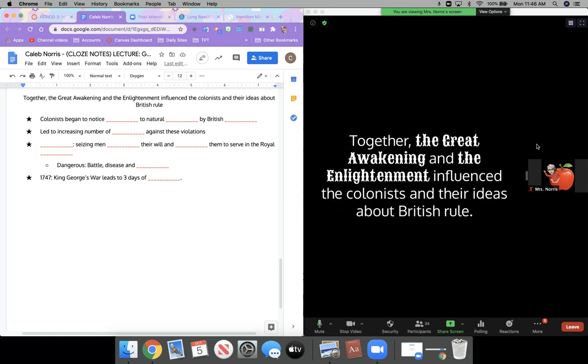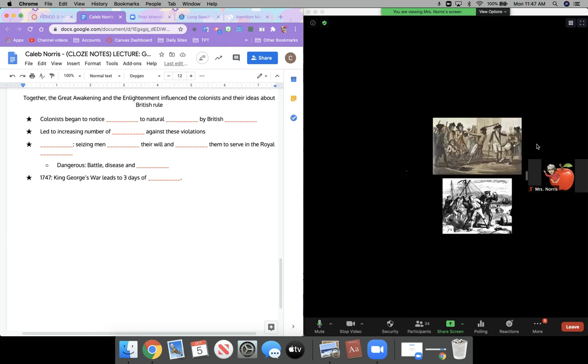So together, these two movements, the Great Awakening, that religious movement, and the Enlightenment, influenced the colonists and how they felt about being ruled by the British monarchy. Okay? So colonists started to recognize and notice when there were violations against their natural rights.